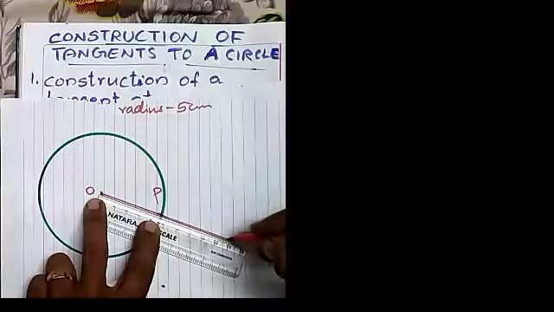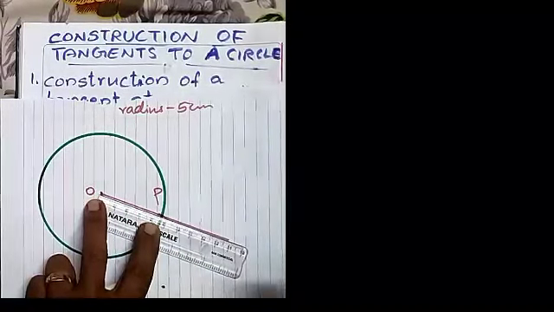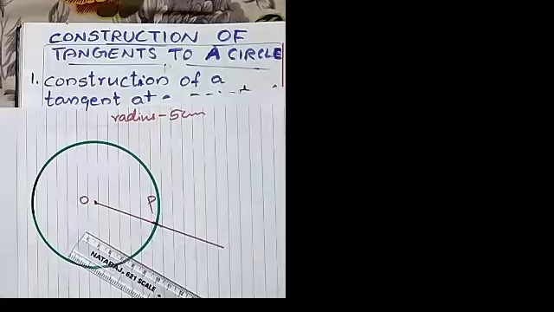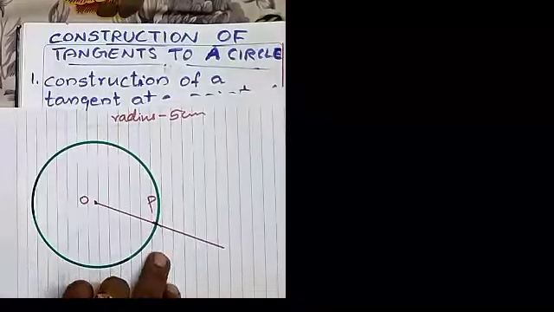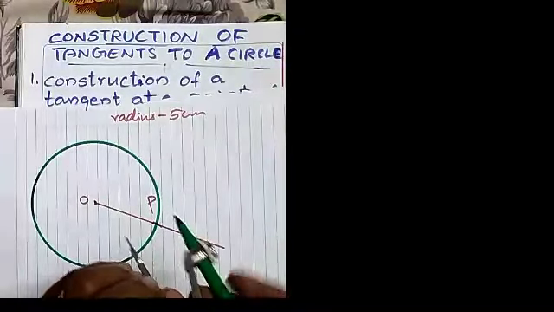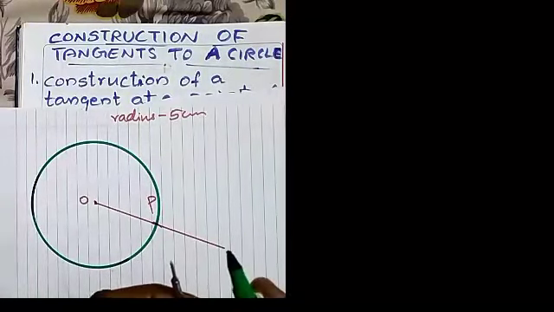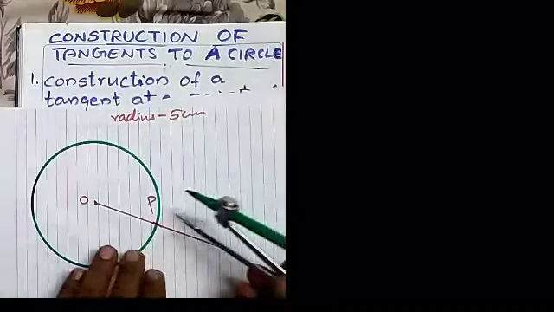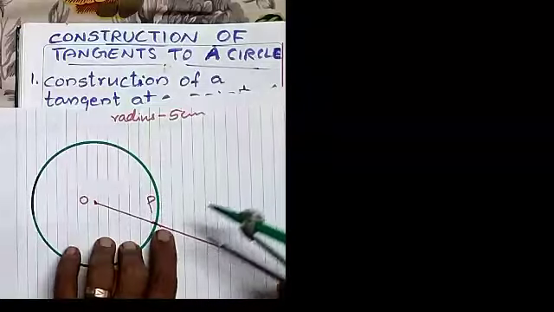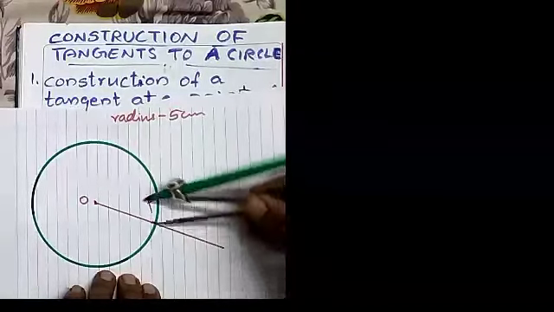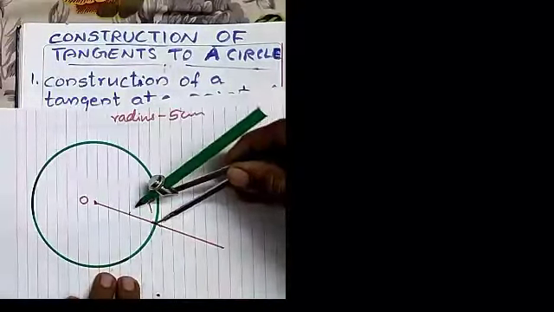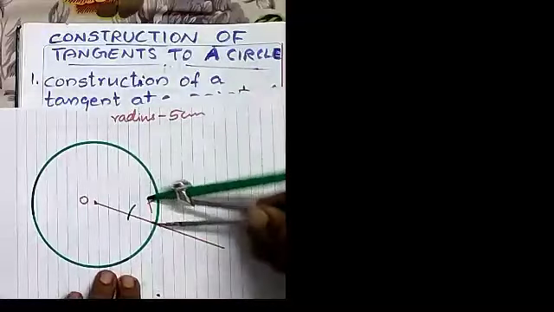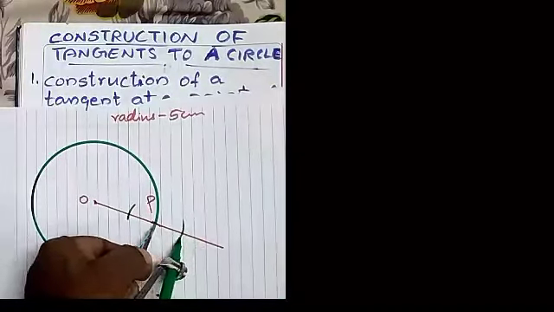Now extend the radius OP, and do the perpendicular construction that you have already studied. Take any convenient smaller radius in your compass, and with P as center, mark points on both sides of this line, one and another one like this.